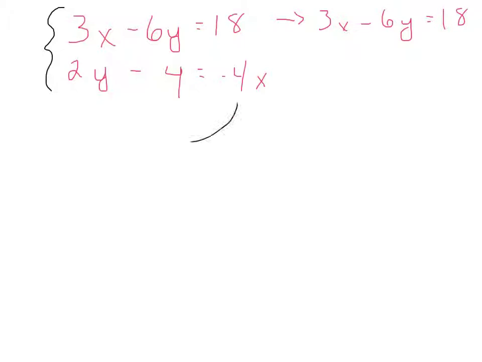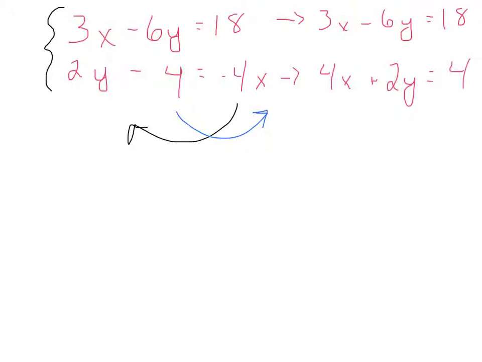So I need to move this 4x over to the left-hand side, where it becomes positive 4x, and I'm going to write it in front of the positive 2y. Then I move the negative 4 over, and it becomes positive 4.